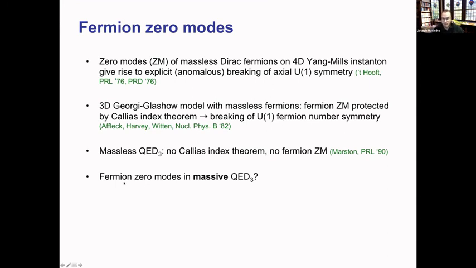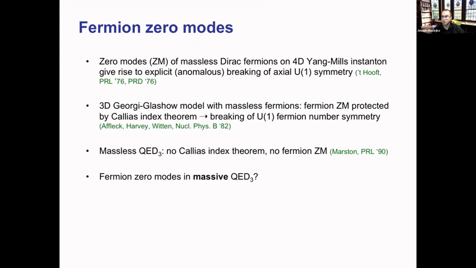Now, if we look at massless QED3, so for abelian gauge fields, first of all, there's no obvious generalization of the Callias index theorem, which seems to rely heavily on the non-abelian gauge structure and the Higgs field. And also, Marston studied the zero mode problem and did not find any fermion zero mode solutions that are normalizable. So now we want to ask, in our massive QED3 setup, are there fermion zero modes, and will they affect the dynamics of instanton proliferation?